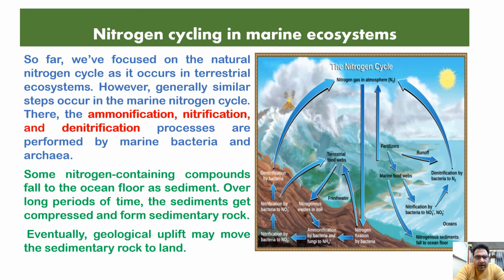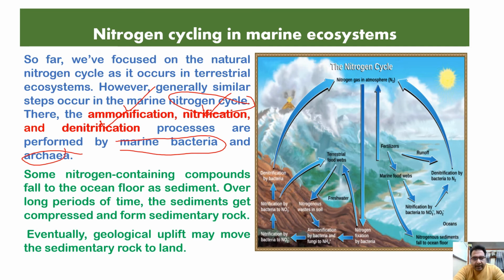So far we have focused on the natural nitrogen cycle that occurs in terrestrial ecosystems. However, generally similar steps occur in the marine nitrogen cycle as well. There, ammonification, nitrification and denitrification are performed by marine bacteria and archaea.